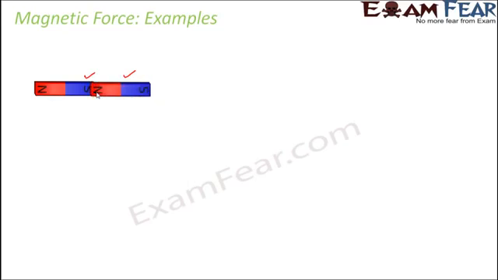So a force exists, and this force is causing a change in state of motion because the magnets are moving towards each other. Again, if you take two magnets with their like poles near each other, here you have a south pole and this side also a south pole, then they tend to move away from each other. Here also they were not in contact, but still the force existed.